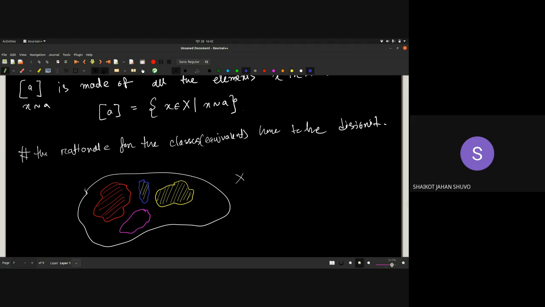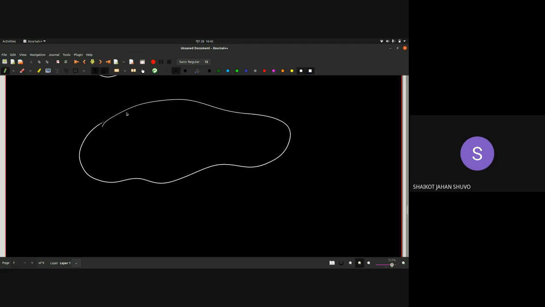Okay, and they're disjoint. Why? Let's consider a case where they're not disjoint. So again, this is your set X. Now let's consider two regions like this. This is one and this is another one, and they intersect, let's say.